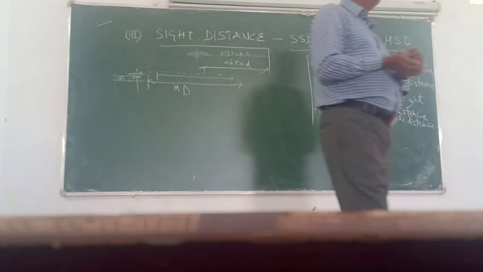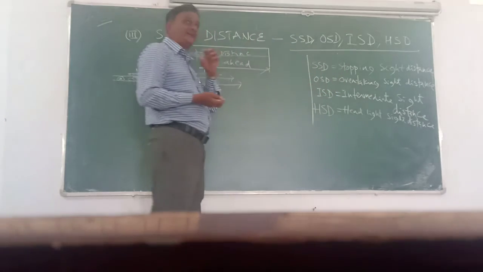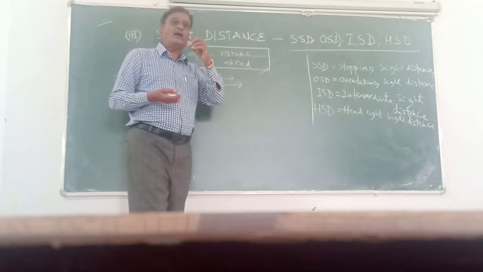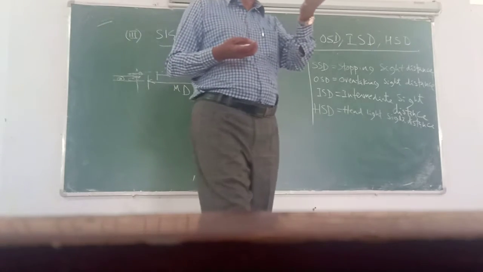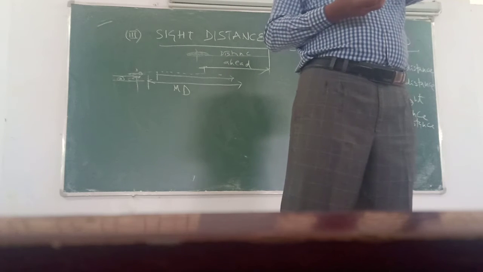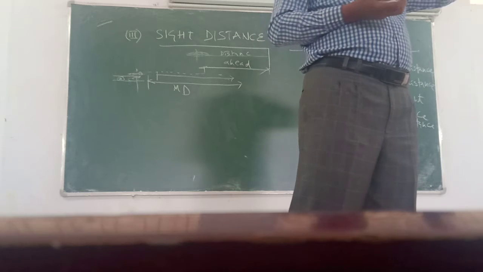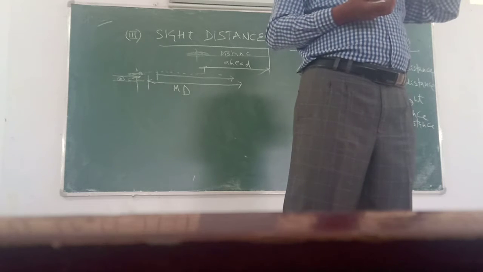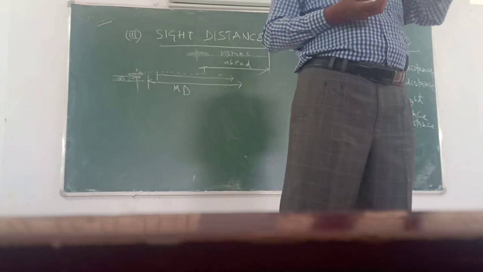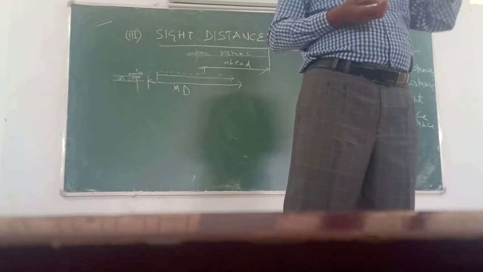So the meaning is, the sight distance is the distance visible to the driver from a certain height, maybe 1.2 meter or 1.5 meter, so that the driver is able to see stationary as well as moving objects on the road surface.